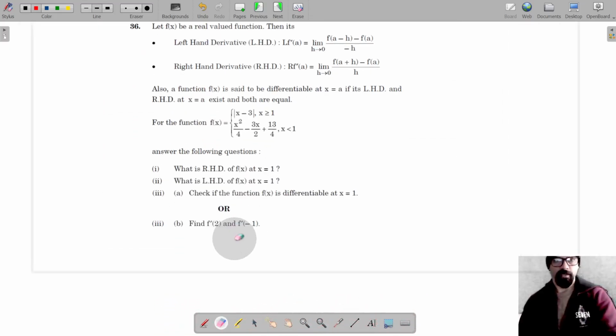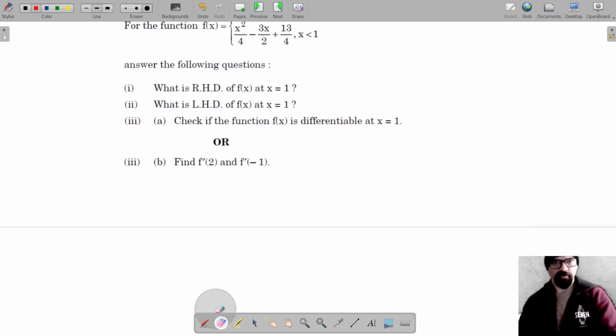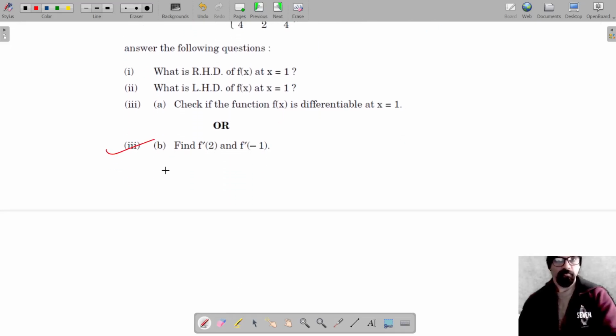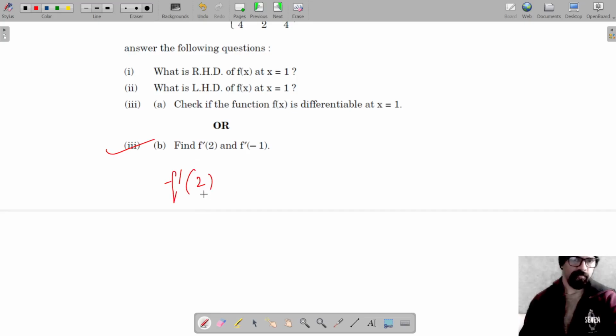Okay, for the OR part, it's asked to find the first order derivative at 2 and the first order derivative at negative 1. Now we will use the function to find the differentiation at 2.